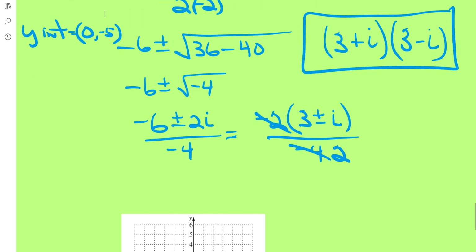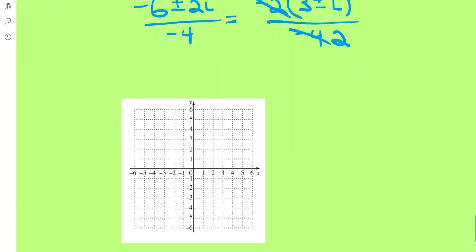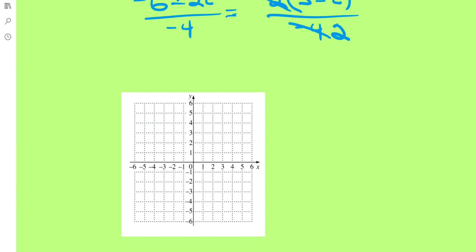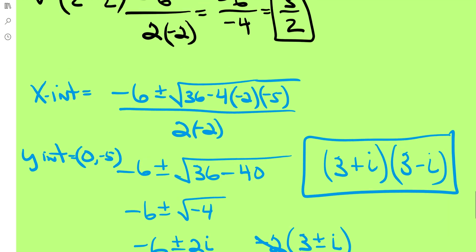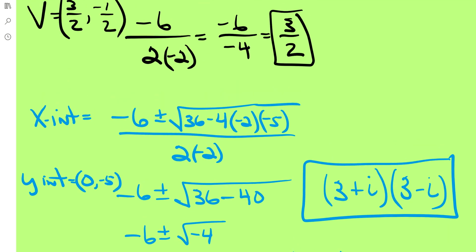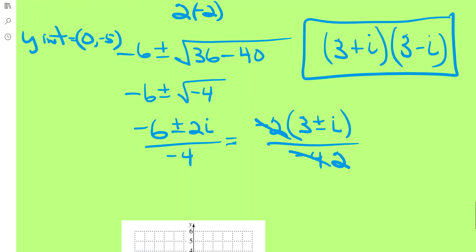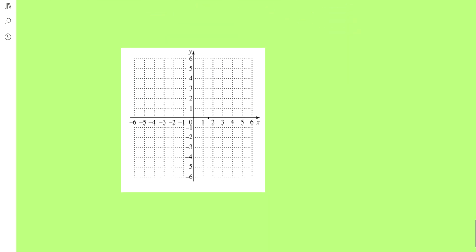So I've got 3/2 and -1/2. 3/2 is 1.5, there's 1.5, and then I'm going to go down 1/2, which will be right here. So this is my vertex, and it's going to open going down. So I don't have x-intercepts, but I do have a y-intercept, and that y-intercept was -5.